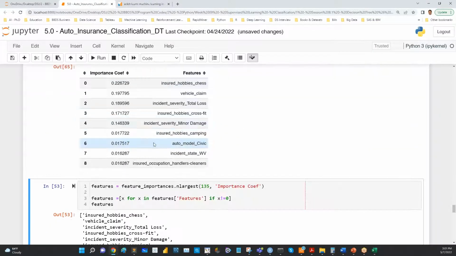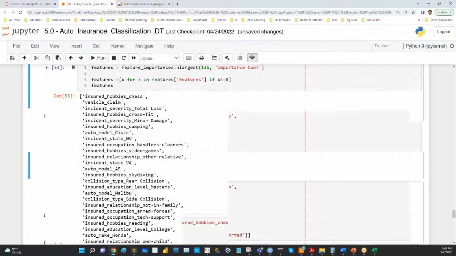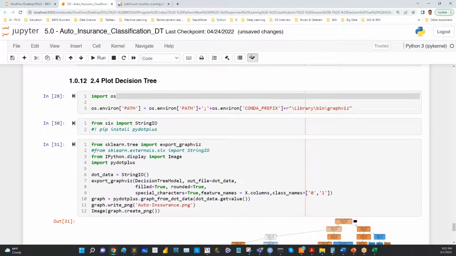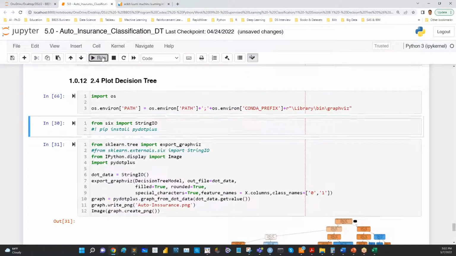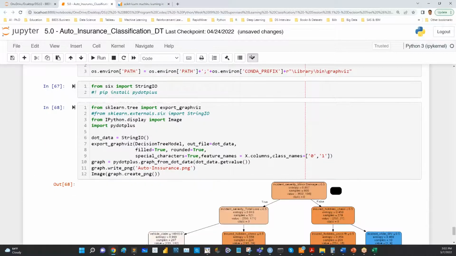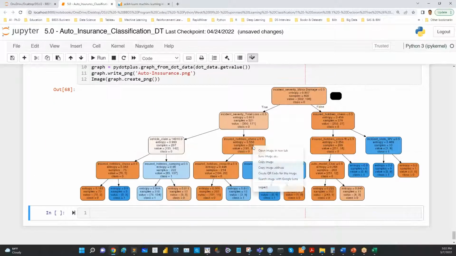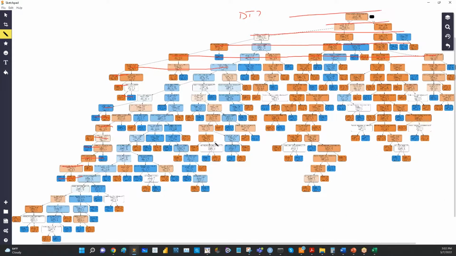Okay, take a look, and we got all our features, and now we can build a decision tree again. There we go. Very, very simple decision tree. And we are going to stop here.